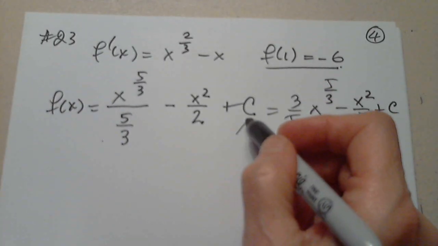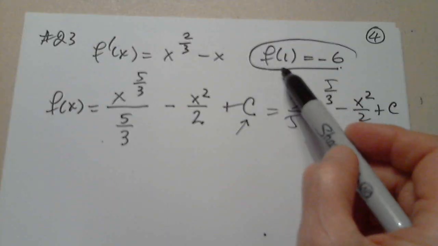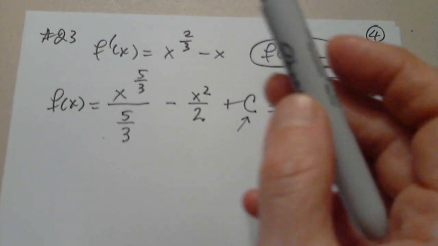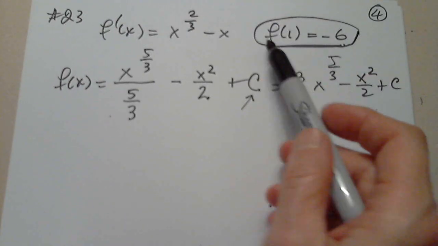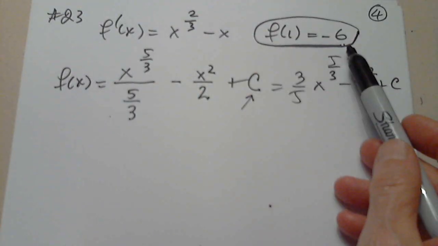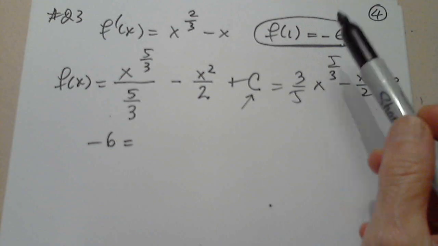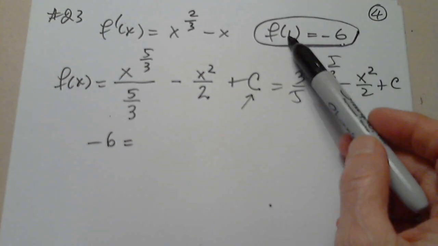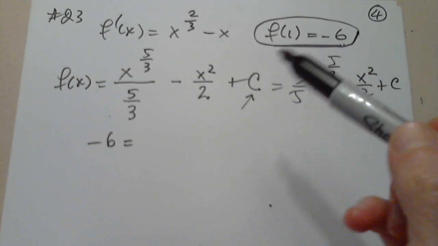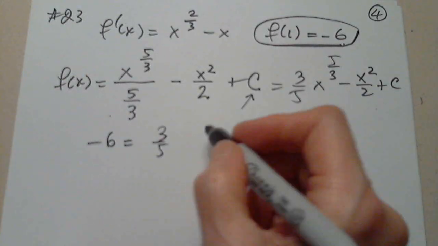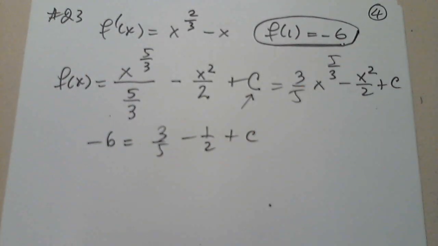In order to find the constant, I have to use the initial condition, which states the function, not the derivative, right? The function. When x is 1, the function is negative 6. So 3/5 minus 1/2 plus a constant c.